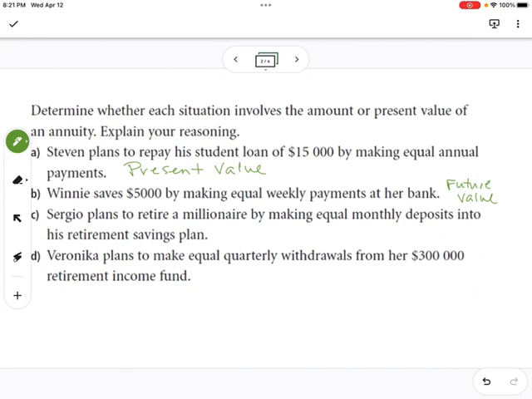Okay, C. Sergio plans to retire a millionaire by making equal monthly deposits into his retirement savings plan. So this is at the end, having money. You're starting with nothing and you're investing that money to then be a millionaire at retirement. Because there is going to be a $1 million future value, then that would be the formula we would use here.